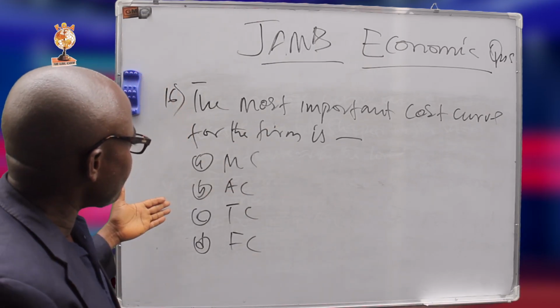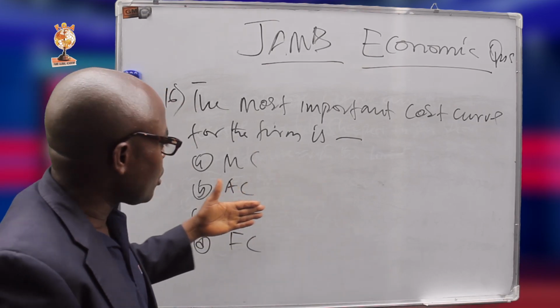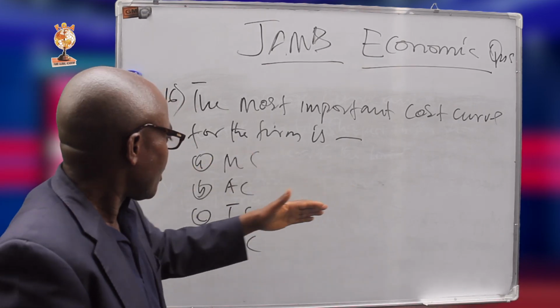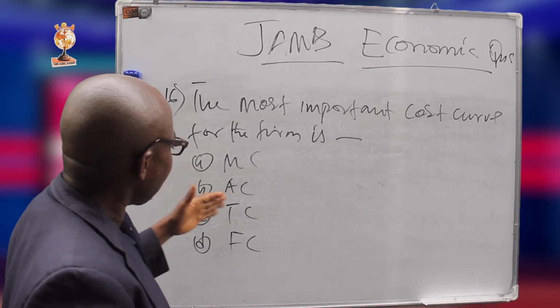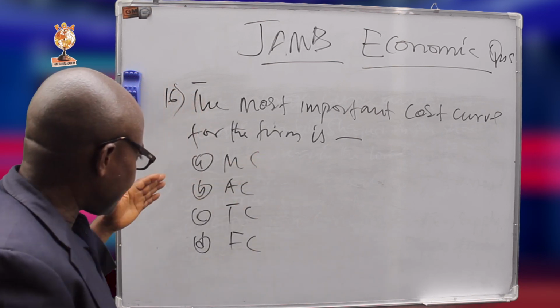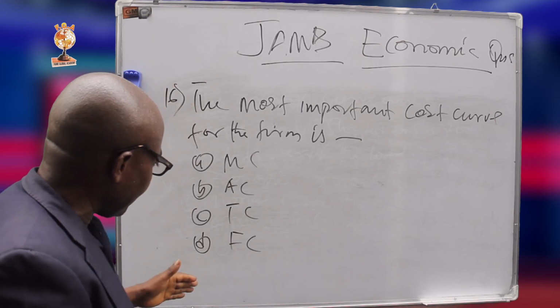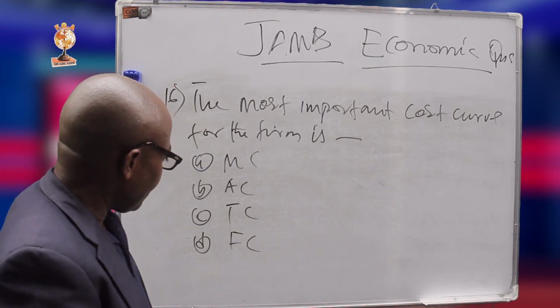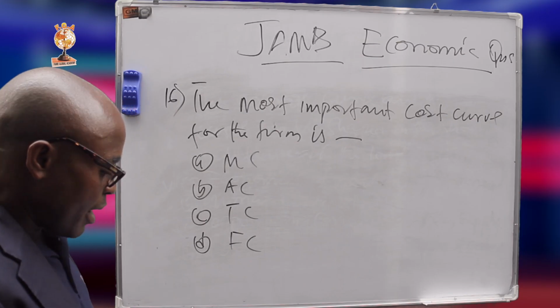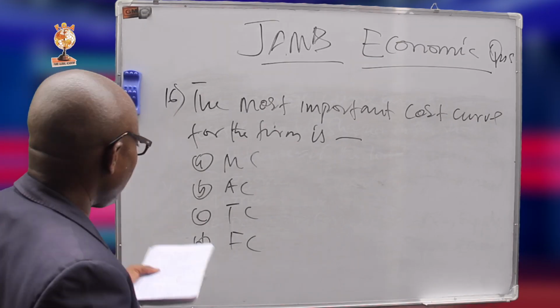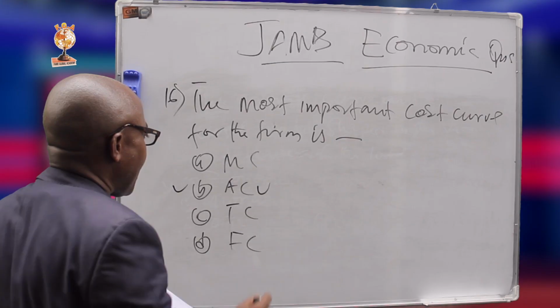Now here you have MC, which is referred to as marginal cost. Then you have AC, average cost. You have TC, total cost. Then you have D here, fixed cost. Now the answer here is B. B is average cost.